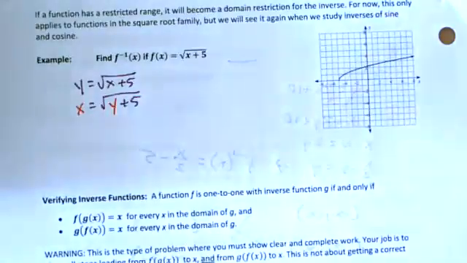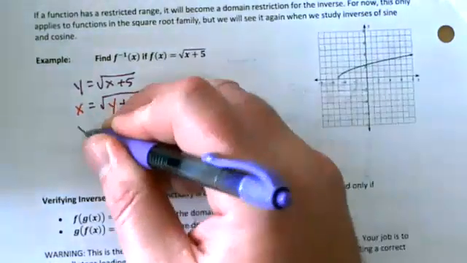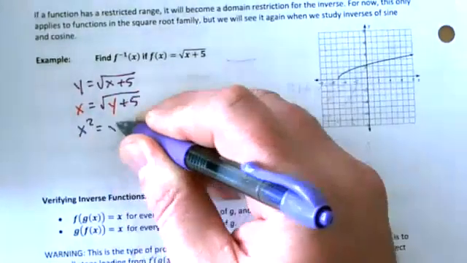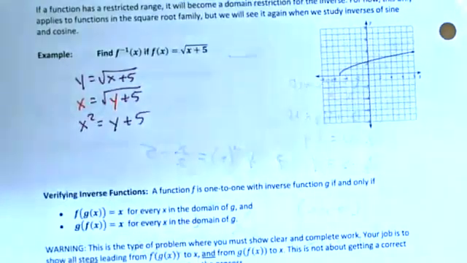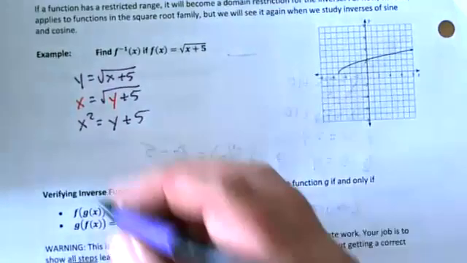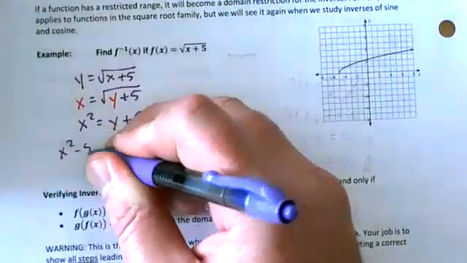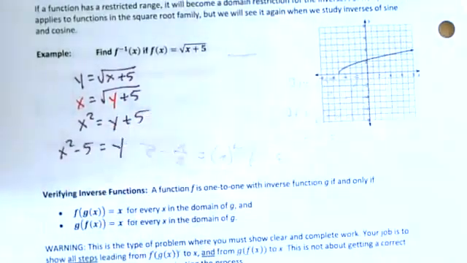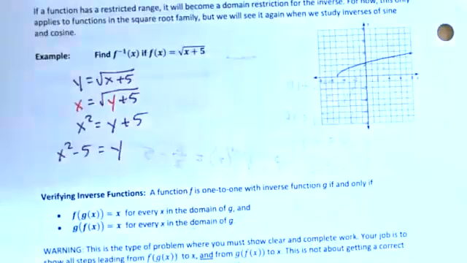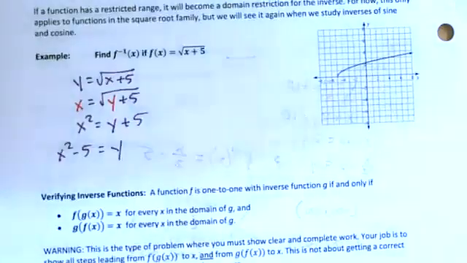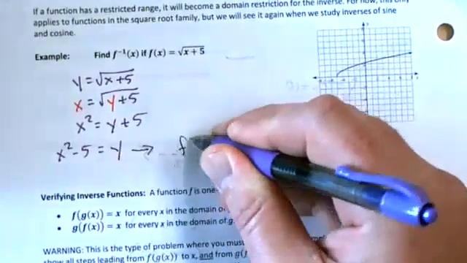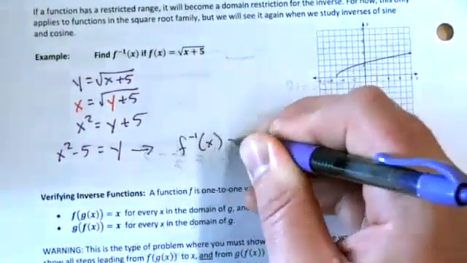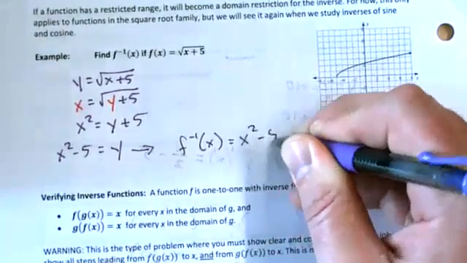So I'd probably start by squaring both sides. And then I get y by itself. Subtract 5 on both sides, and we've got it. So according to my work, the inverse of f should be x squared minus 5.